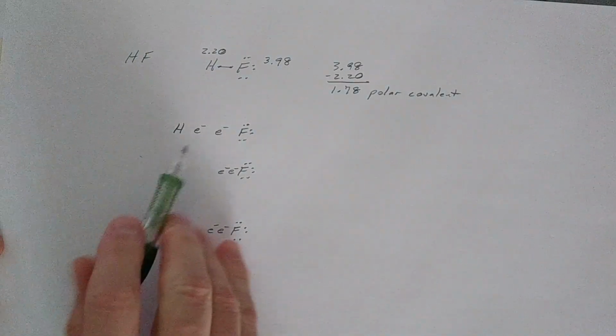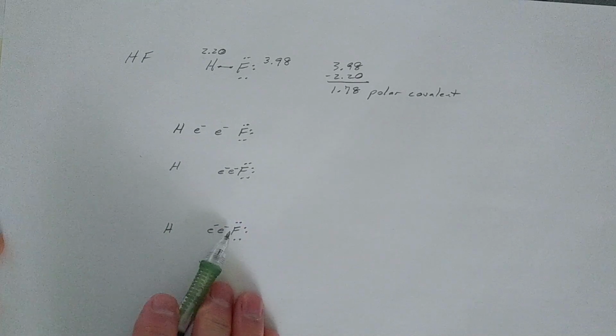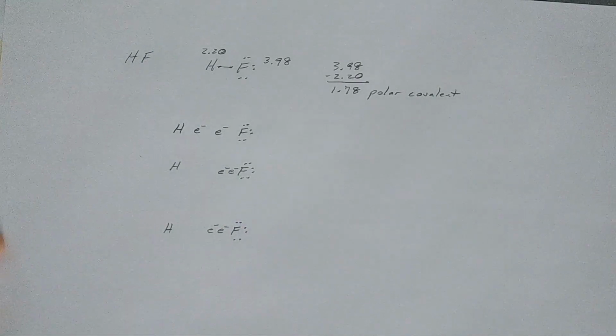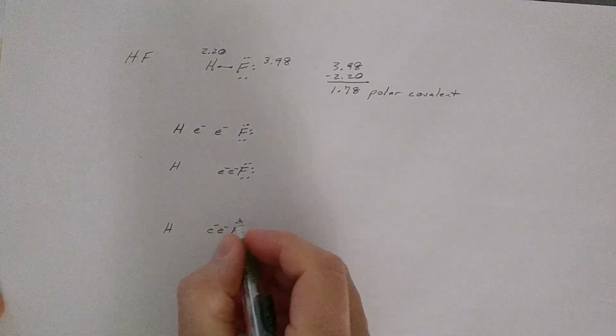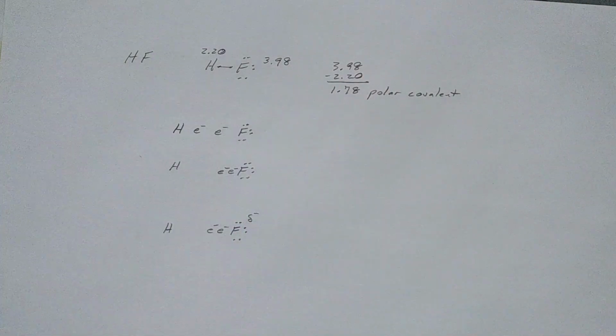In other words, the electrons shifted towards the fluorine atom, and the fluorine atom now has a partial negative charge. My symbol for a negative charge, of course, is just a minus, because an electron we should think of as being a negative charge. But it is not a complete minus charge. It is a partial minus charge. And so we shall indicate a partial minus charge with a lower delta.